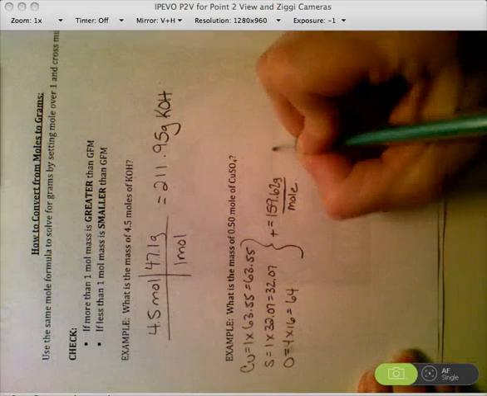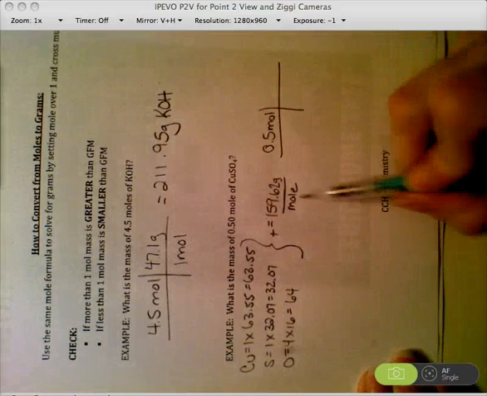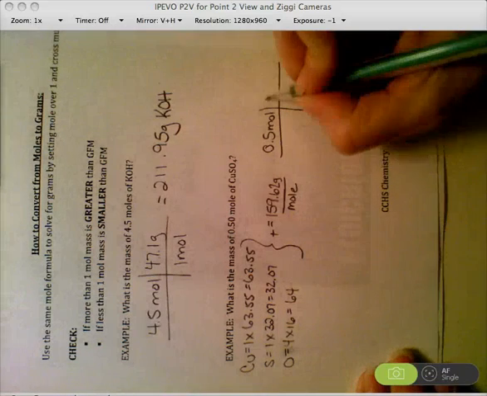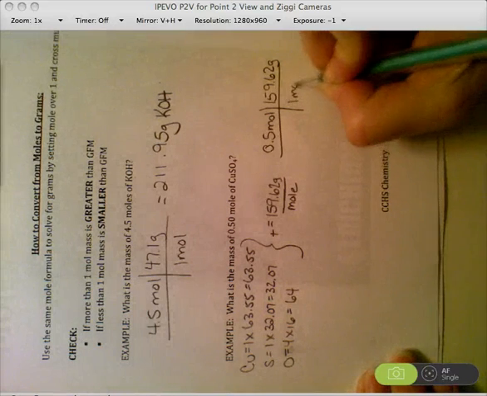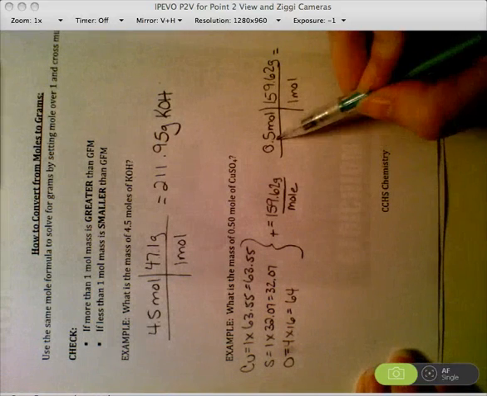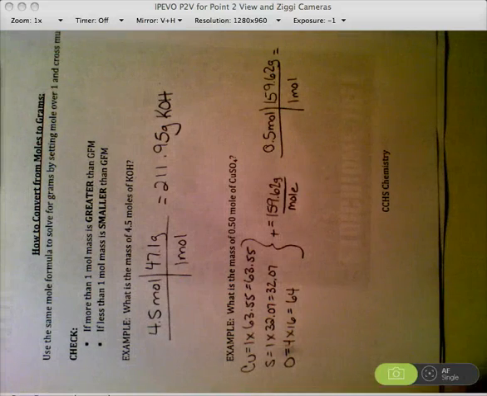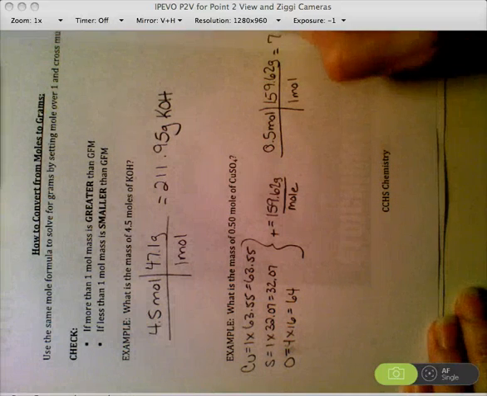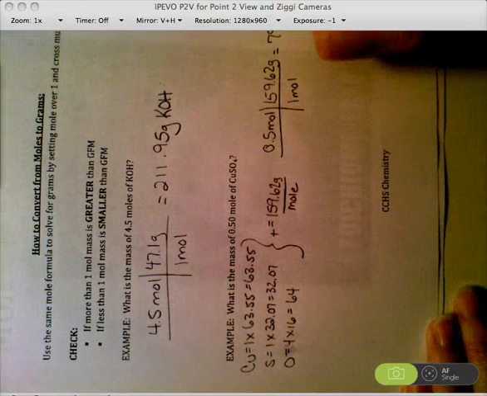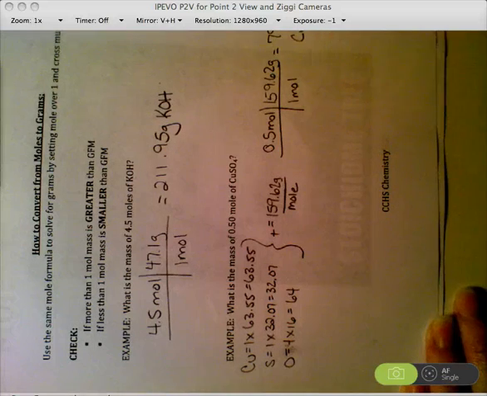Well, if I know that I have 0.5 moles of copper sulfate, and I know that 1 mole of copper sulfate is 159.62 grams for every 1 mole, I just need to take 0.5 times 159.62 divided by 1, and I get an answer of 79.81 grams. Grams of what? Grams of copper sulfate.